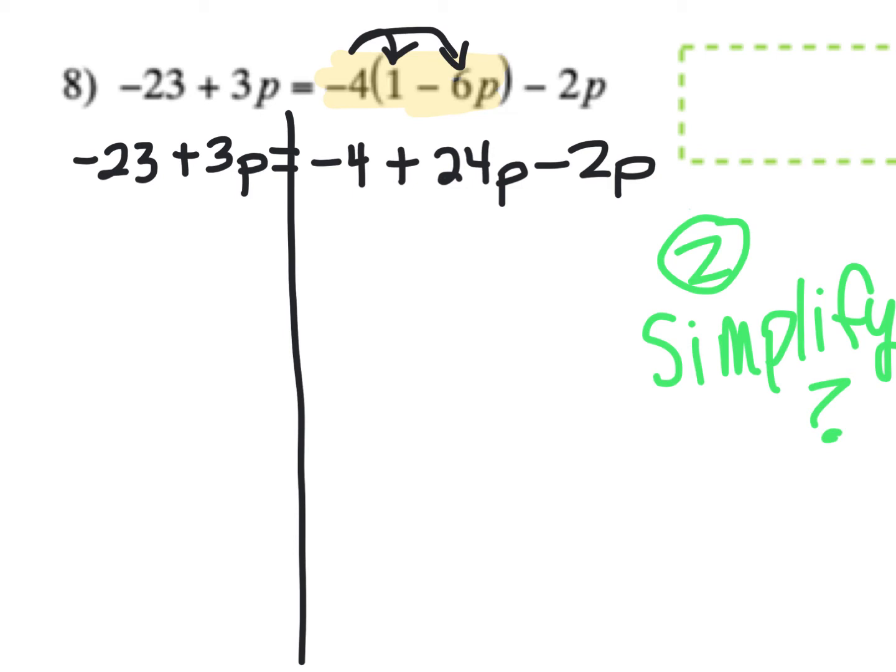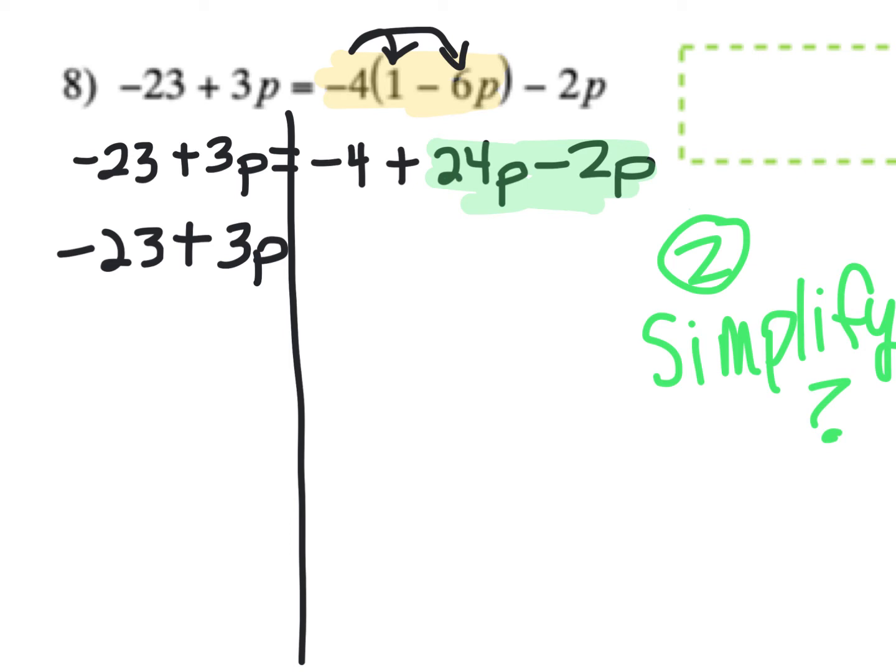So if I look over here, I've got a 23 and I've got a p. Those are not like terms, so there's nothing I can do to make that side more simple. So I'm just going to leave it be for a second. I'm just going to rewrite it. And then on the right-hand side, though, I have a 24p and I have a minus 2p.